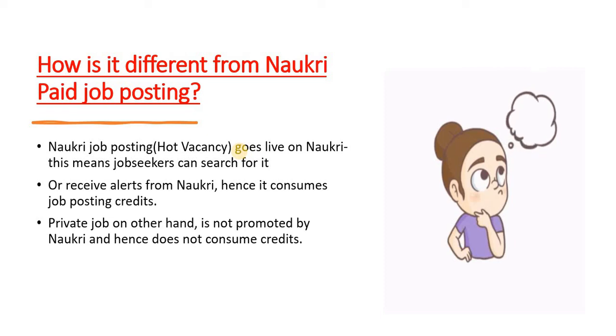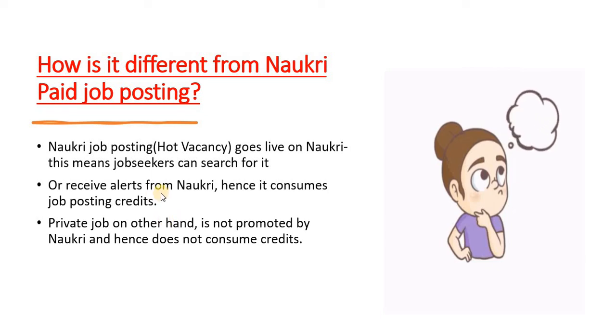In the hot vacancy, it goes live on Naukri. In the private job, it doesn't go live. So in the hot vacancy, it goes live on Naukri, which means the job seeker can search for this, and second, receive the alert from Naukri, hence it consumes the job posting credit.